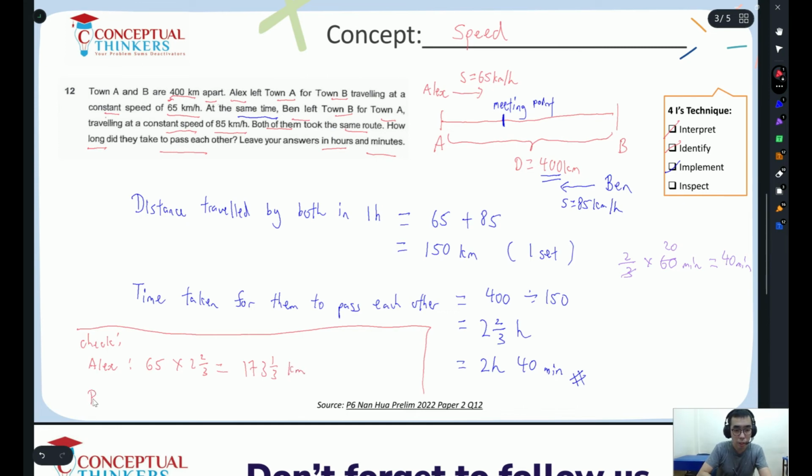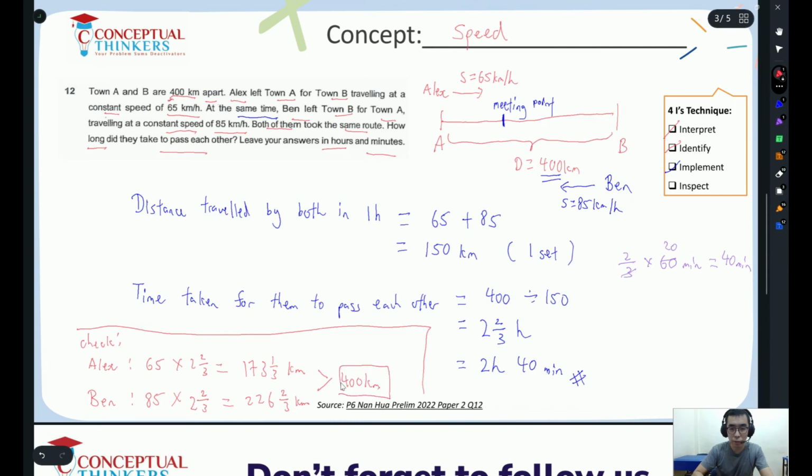Then if I look at Ben, I'm going to take 85 times 2 2/3 hours. So let's calculate that. So I'm going to get 226 2/3 km. So if I do an addition for both, 173 1/3 plus 226 2/3, I'm going to get 400 km.